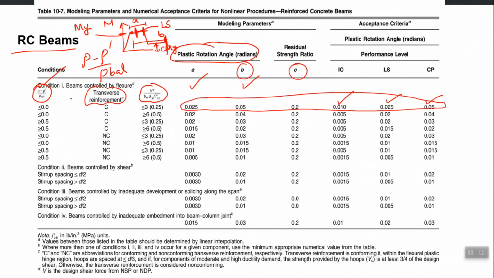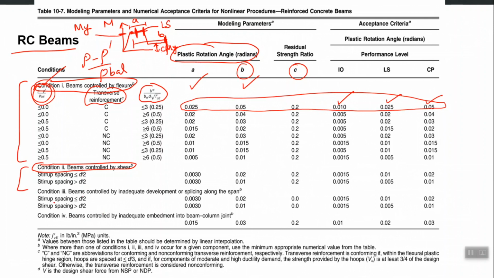But obviously, you first need to calculate these three parameters in order to pick your values. First is the condition of beams controlled by flexure, and then beams controlled by shear. Mostly your beams are designed so that their behavior is controlled by flexure, and you will be following these rows. There can be certain deep beams which are controlled by shear; in that case, you should follow these two rows.